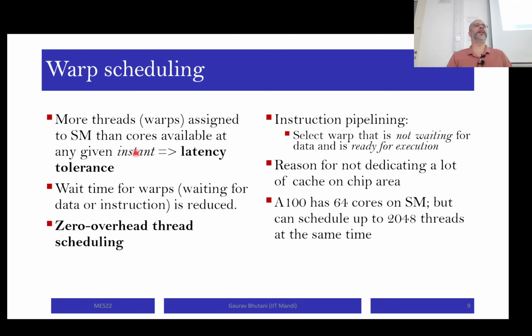Now if you remember, earlier we discussed that in CPUs, if you want to execute an instruction on the logic unit, you need some data, and that data has to come all the way from the memory.